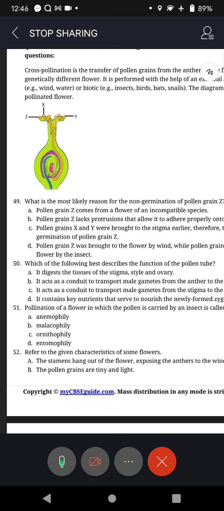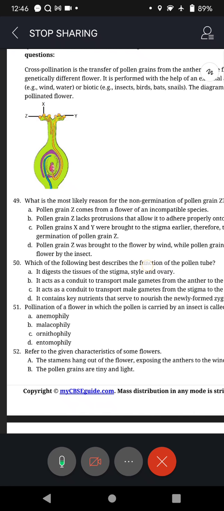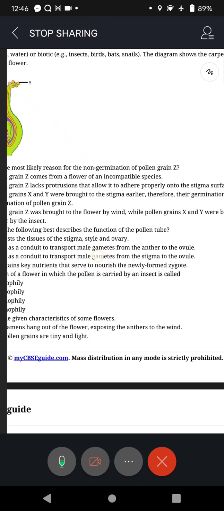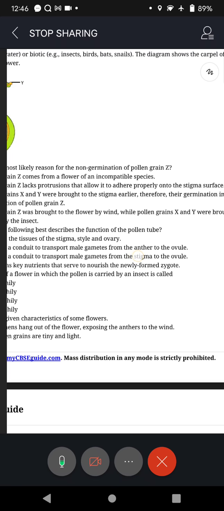So observe the pollen grain Z. And what are the alternatives? A. Pollen grain Z comes from a flower of an incompatible species. B. Pollen grain Z lacks protrusions that allow to adhere properly onto the stigma surface.